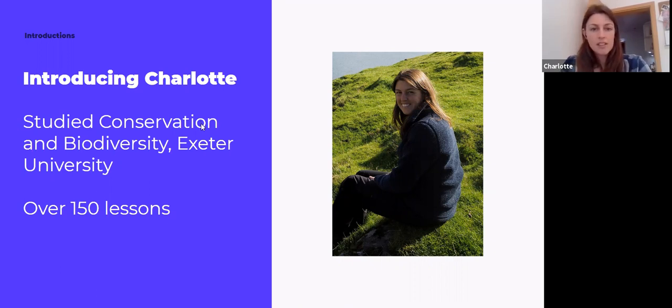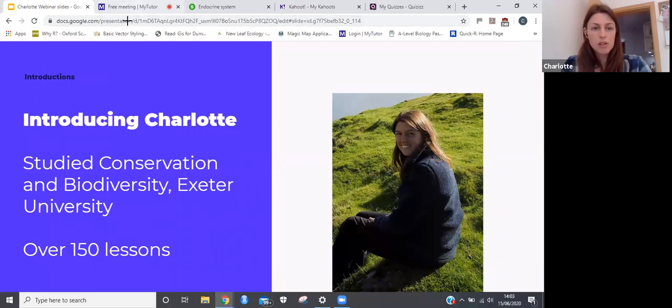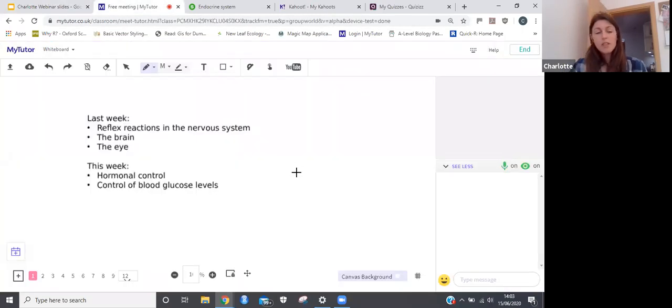So what are we going to do today? Last week, and for the last week and a half, we've been looking at coordination and control in the body. We looked at reflex reactions in the nervous system.